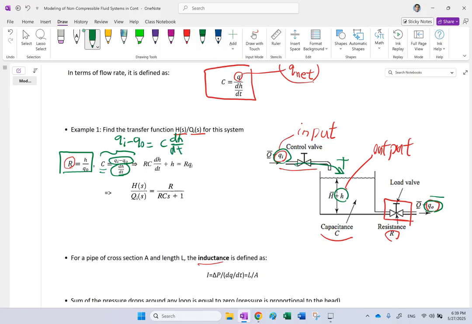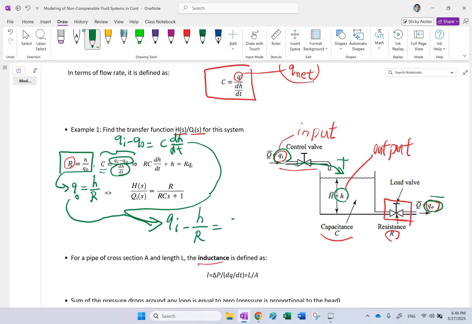From here, you can see that Q naught equals H over R. So I can plug it up here. Let me bring these two in one place. It is going to be Qi minus H over R equals C dH over dt.